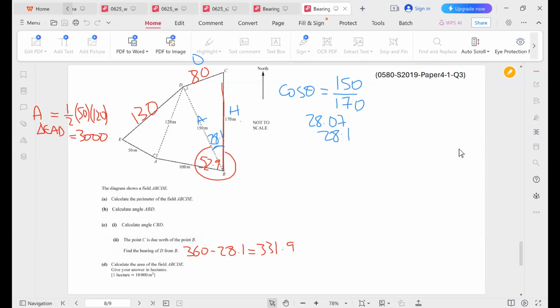And then the second area would be area of triangle BDC. I'm going to start with it because it's also simpler. The triangle on the right is a right triangle, so it's also easy to compute. So half times base times height. Base and height are the two sides that are not the hypotenuse, so we're going to exclude the 170. We're going to take the 80 and the 150.